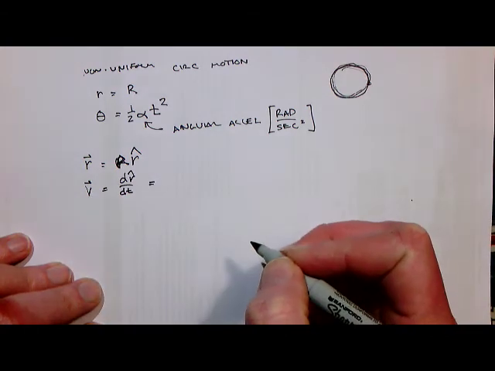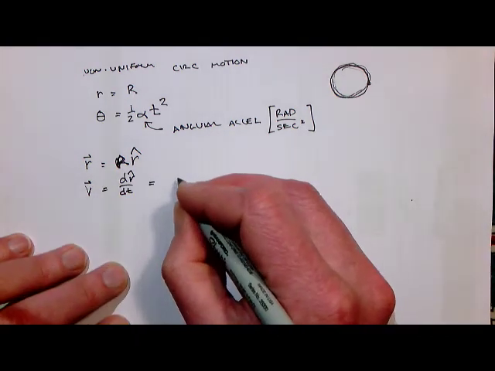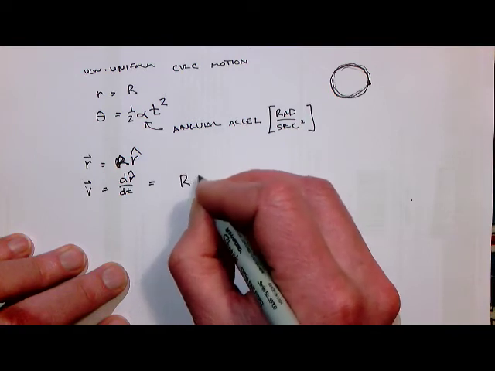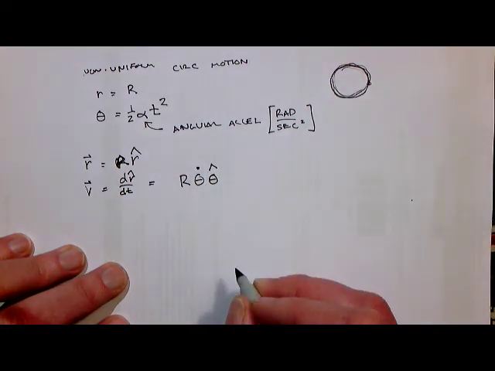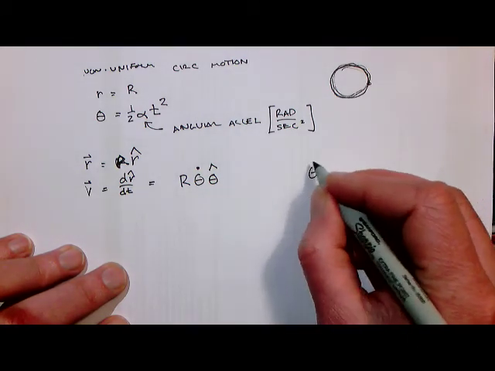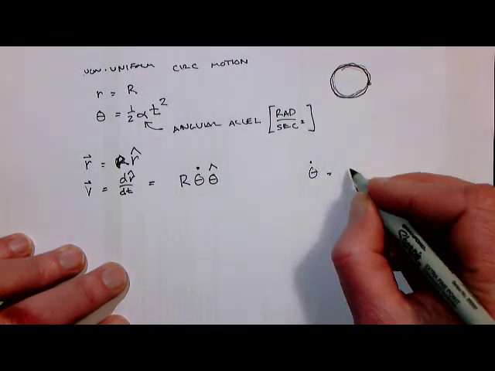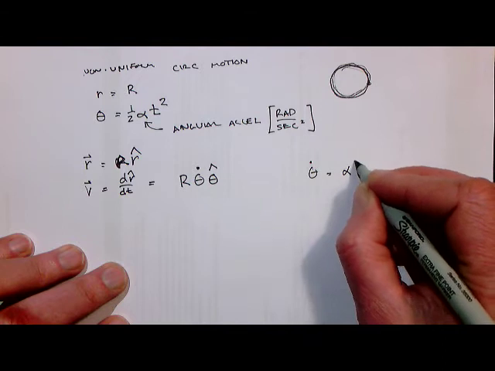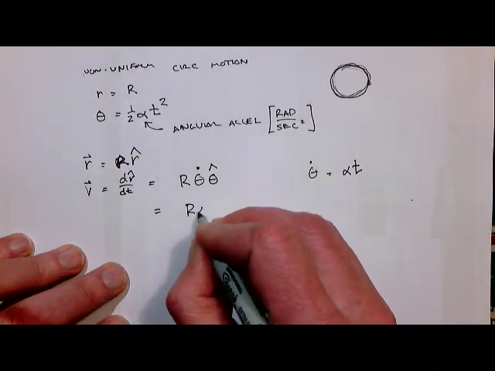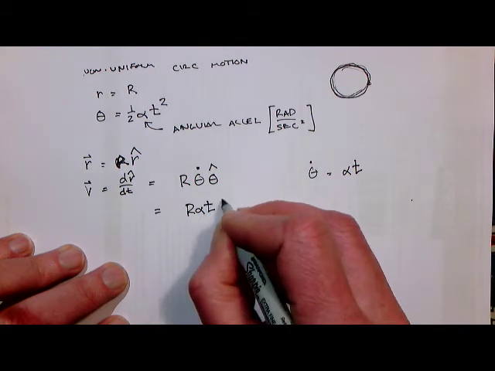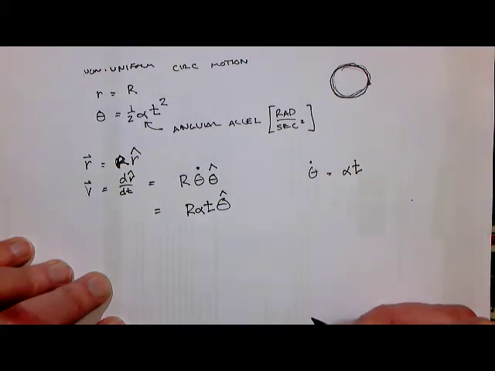What's dr hat by dt in this case? Again, it's R times theta dot times theta hat. But now theta dot, that's d theta by dt, is simply alpha times t. So it's R times alpha times t in the theta hat direction.